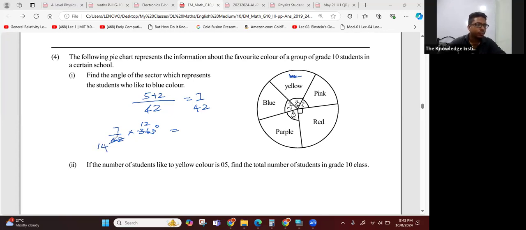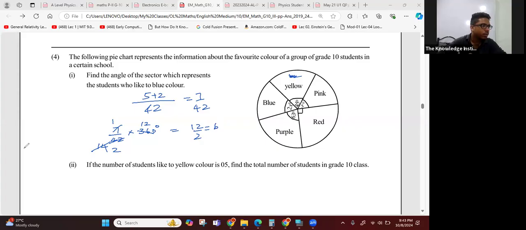Then 7 and 14 can simplify: 7 into 1 is 7, 7 into 2 is 14. So 1 into 12 is 12. In the denominator we have 2. So this will be 60.